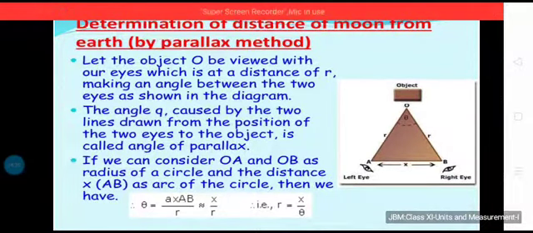This angle theta, the parallactic angle theta, is given by AB by R, that is x by R. So AB is the basis and R is the distance of that object from the two positions of observation. In this manner, we can write down the expression for the parallactic angle.